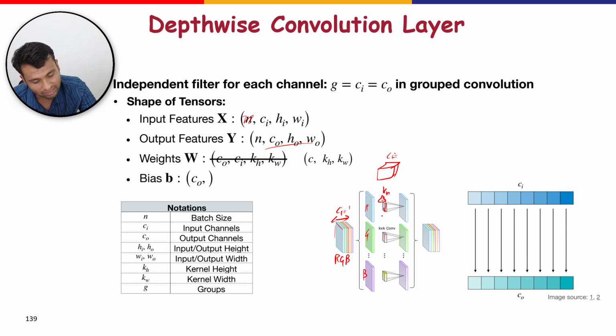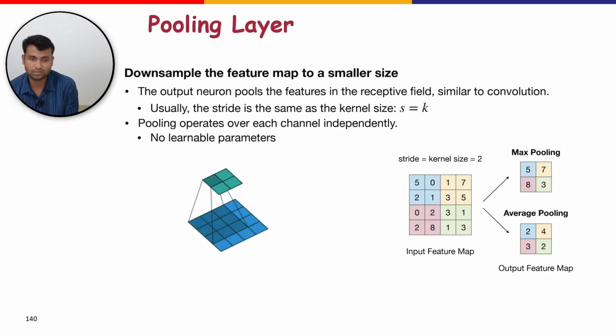In the channel dimension, there is no such thing; the channel dimension is just one single thing. And in total how many such channels we have is based on the number of outputs we want, Co. So here Ci is equal to Co is equal to the number of groups which we are forming. So this is the extreme example. And why depth-wise convolution? Because it reduces the number of computations, which we will see later on.